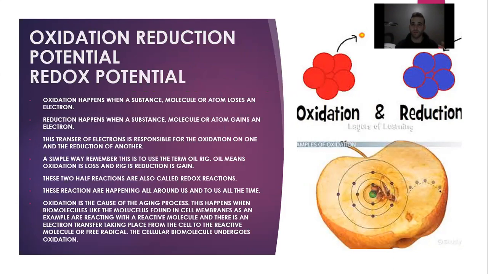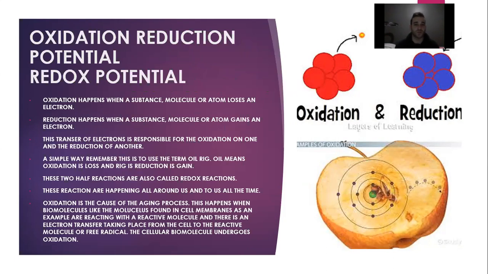OIL RIG: once again, oxidation is loss of electrons, OIL. Reduction is gain. Gaining what? An electron. It's very simple to use, and it really is a helpful tip when explaining this information to someone new.